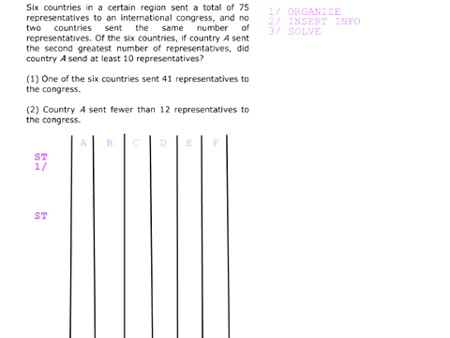Statement 2, and then if we have to combine them, we can combine them if necessary. Okay, insert information. The goal here is to go through this paragraph exactly 1 time and then be done with the paragraph forever, because that's where efficiency comes from: not having to go through the same information repeatedly.